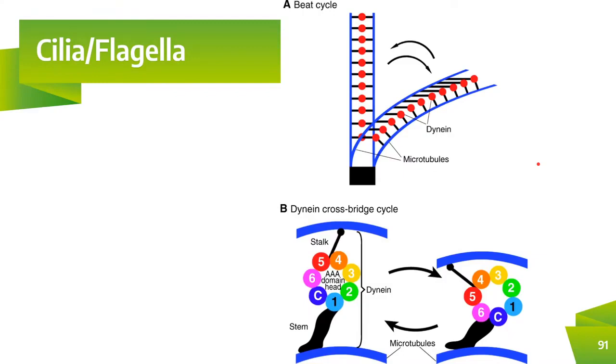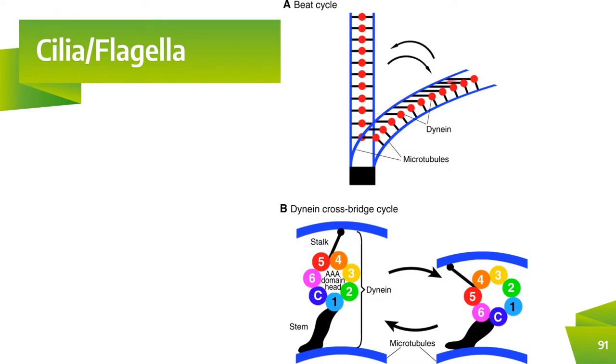Okay, so here's a symbolic representation of that. So you have basically blue, a microtubule, and here another microtubule. And in the middle, the red is a dynein.